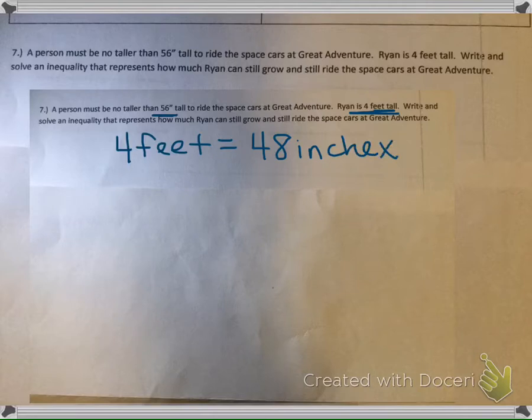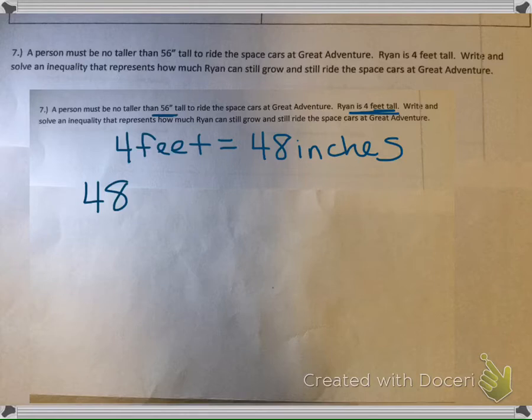Okay, so knowing that, we have, so far, Ryan is 48 inches. He can still grow because he's not yet 56 inches, but we want to know how much he can grow.